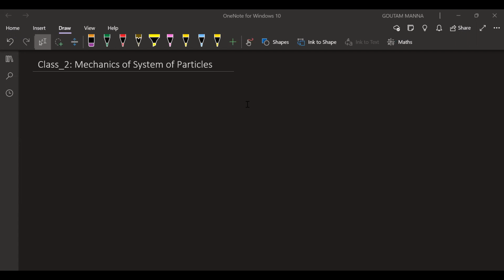So now we are moving towards a slightly more complicated system, a system of particles, a many particle system. So for a many particle system, let's say we have n number of particles.